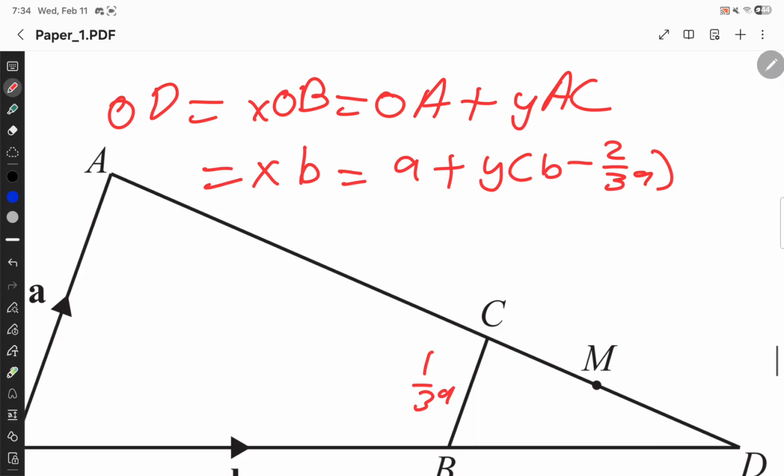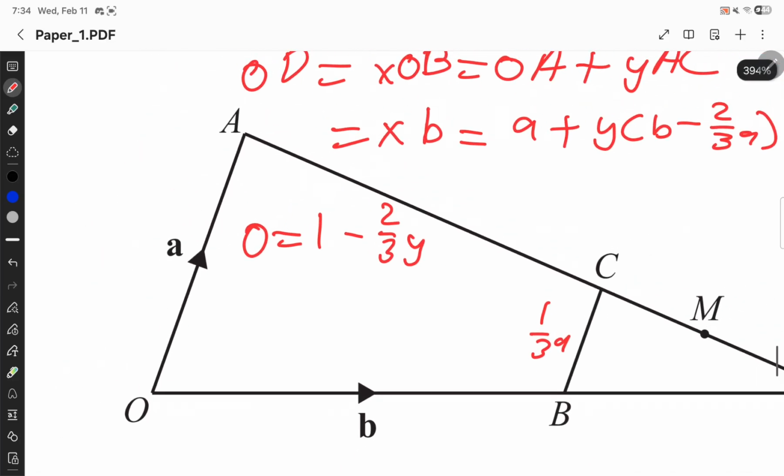Next, we need to equate either the b terms or the a terms. So we do the a terms first. Here we do not have an a term, so this is automatically 0. 0 is equal to a, which is 1, plus negative 2 over 3 y. This is in one variable, which is very good.